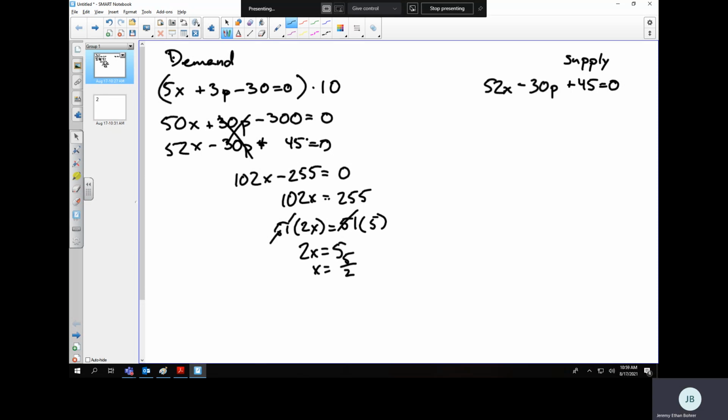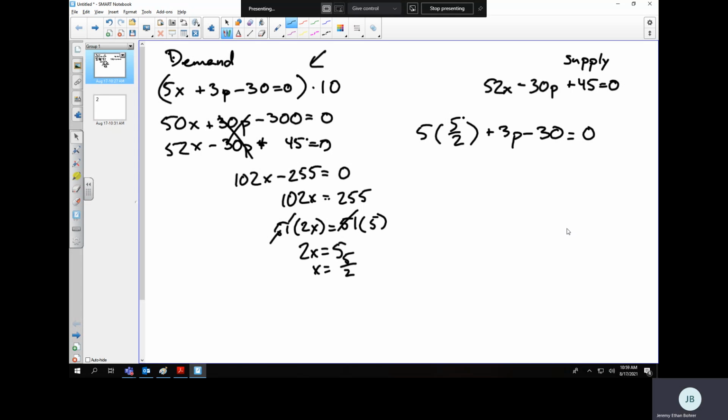Then I can plug this back into either of my equations. Let's take this one, it's simpler. So 5 times 5 halves plus 3p minus 30 equals 0.